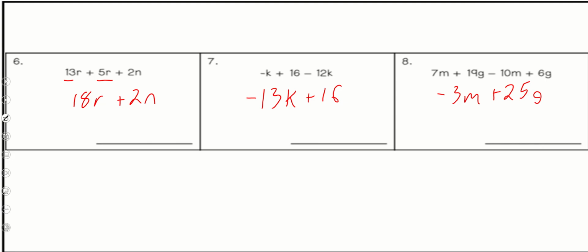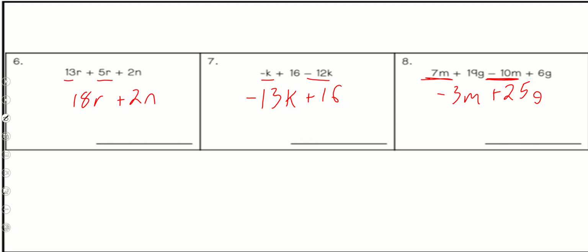When you combine like terms, you're following your rules for addition and subtraction. So when you have number 7 here, when the signs are the same, you add and you keep the sign. When you have number 8 here, when the signs are different, you subtract and you use the sign of the bigger number. So we got different signs.